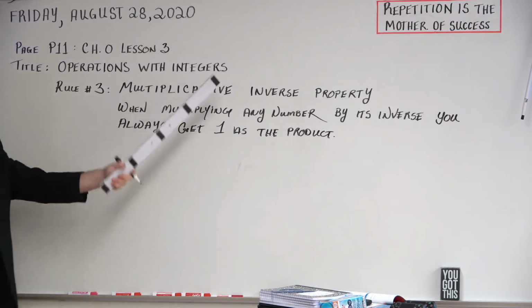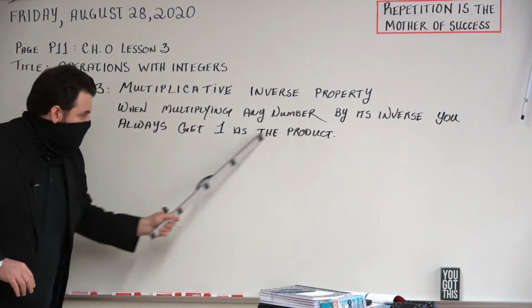When multiplying any number by its inverse, you always get 1 as the product.